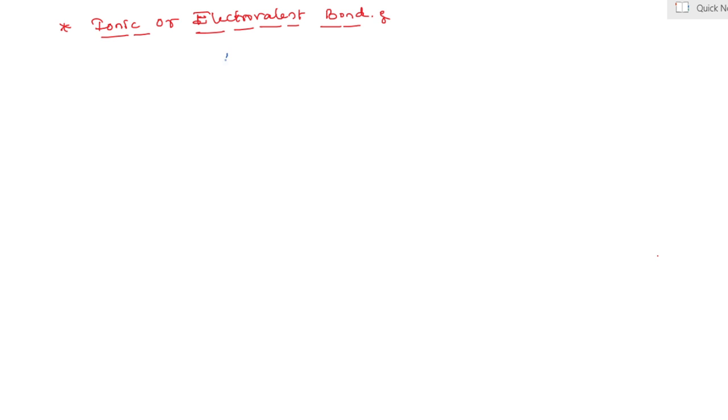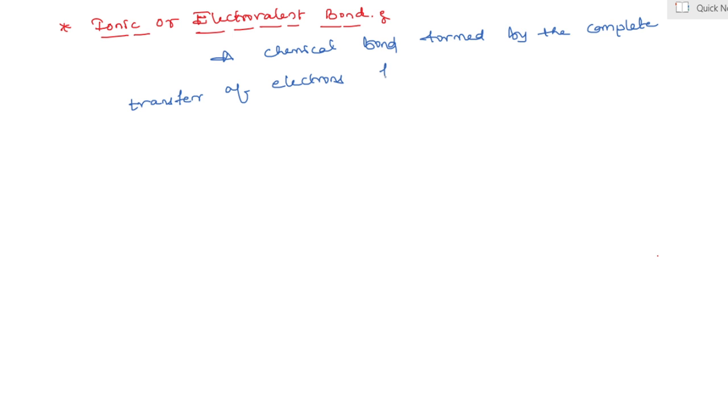A chemical bond formed by the complete transfer of electrons from one atom to another is called an ionic bond.